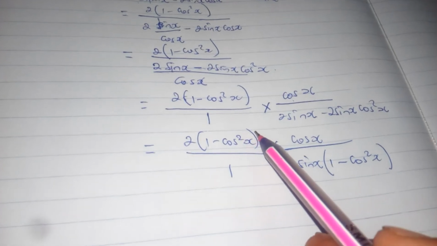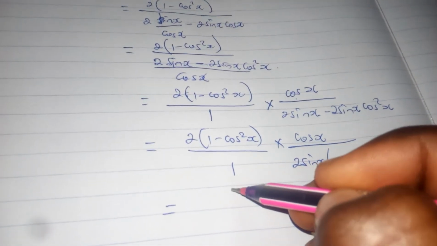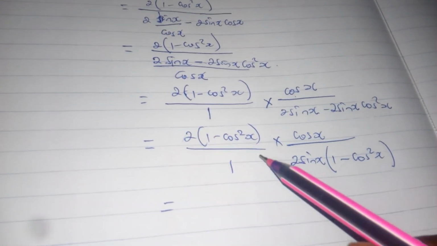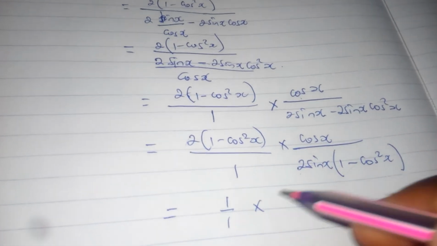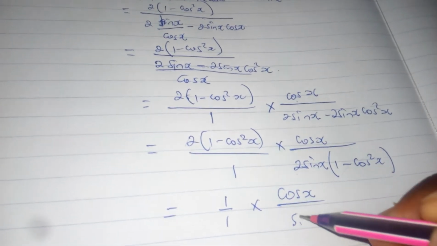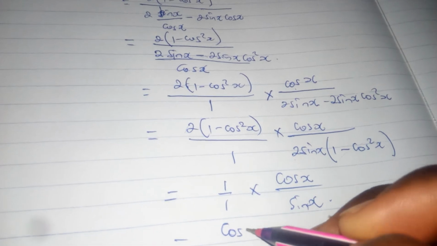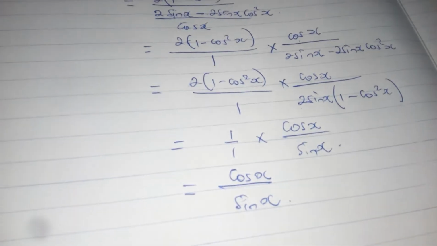What does it imply? Those two will cancel out. Even the 2 is going to go because you see 2 there and here, so we actually remain with only 1 out of 1 times cos x out of sine x. So we end up remaining with only cos x out of sine x.